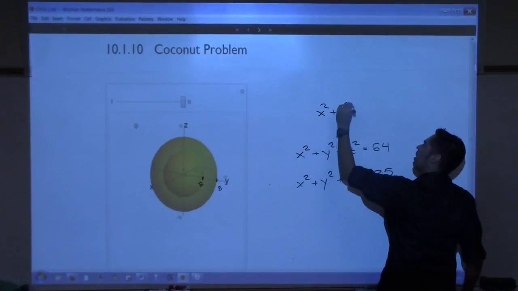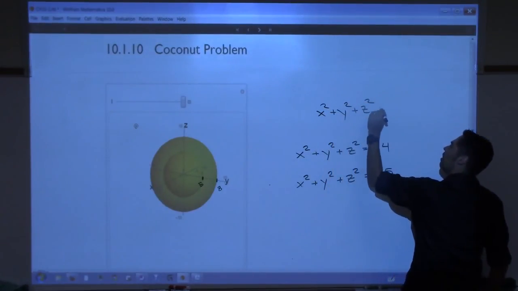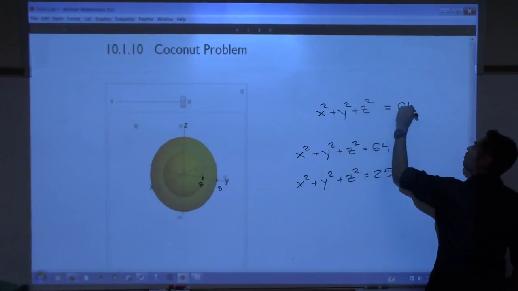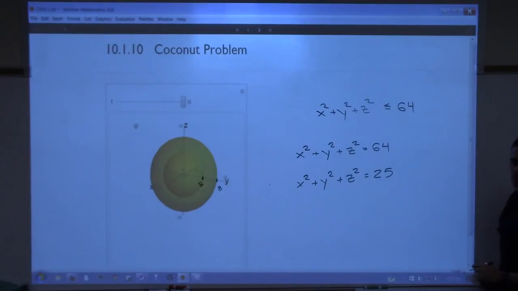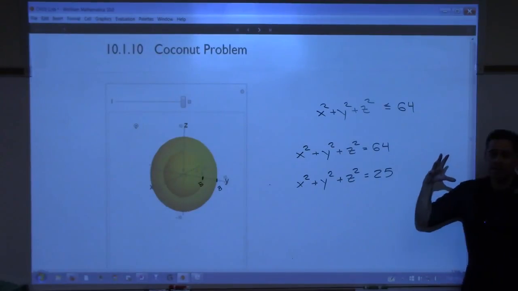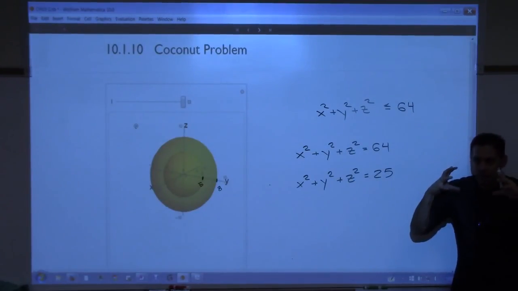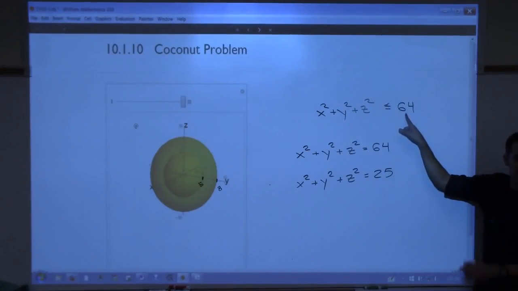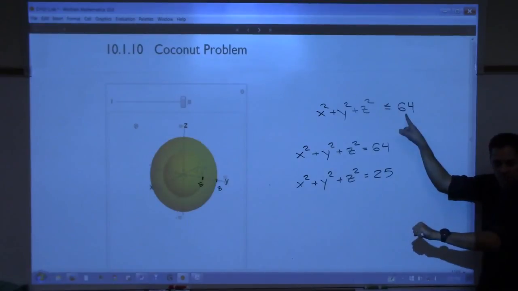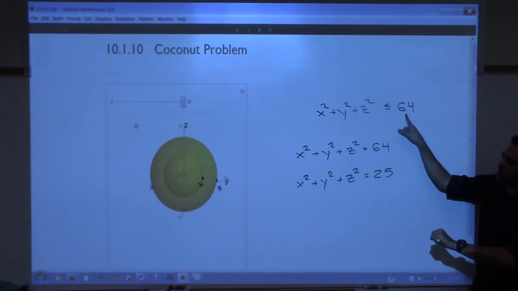The x² + y² + z², we know that it needs to be equal to 64 to draw the outside, right? But if I say less than or equal to 64, then it's going to draw the outside and everything down all the way to the origin, right? This is every radius from 8 down. But I don't want it to go all the way down to the origin, right?